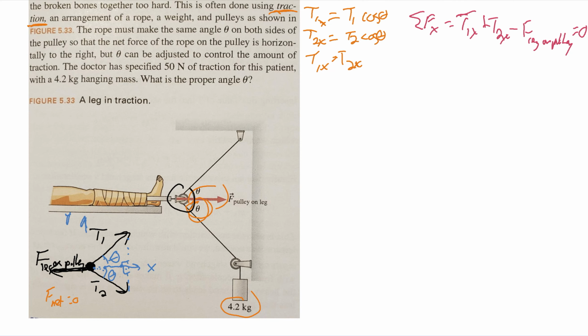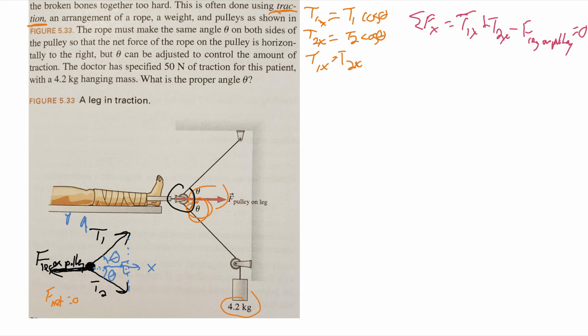All right, so now I know that T1x and T2x are the same thing. Also, I know that T1x is T1 cosine theta. So if they're equal, you can make it to where you only use one variable. I can only have T1x or I can only have T2x, right?